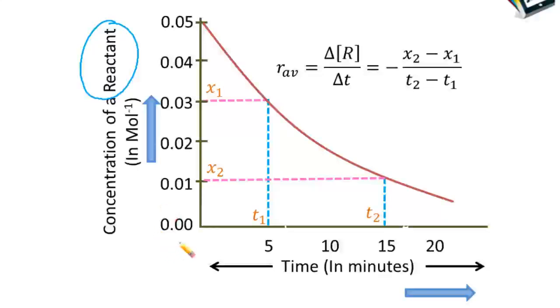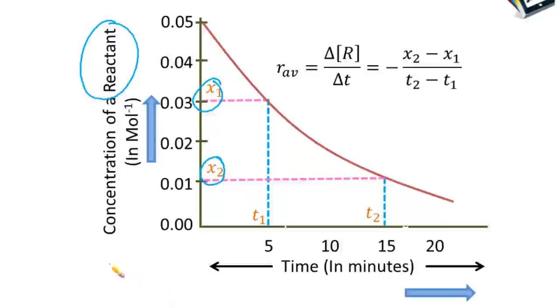So we want to calculate the average rate of reaction in a particular time interval. Let us say a time interval between T1 and T2. So at the time T1, we need to find out the corresponding concentration, which is equal to X1. And at a particular time T2, the corresponding concentration is equal to X2.